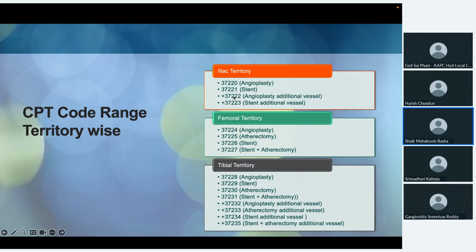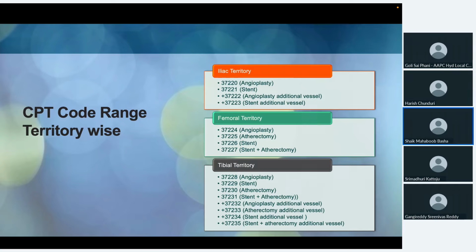If they do it on different laterality sides, then 2 primary codes or 1 primary with 50 modifier is applicable, depending on the payer guideline. In the same way, we have an add-on code for stent if done in an additional vessel on the same laterality side, 37223. While coming to the femoral territory, we have 4 codes: 37224 angioplasty, 37225 atherectomy, 37226 stent, 37227 stent plus atherectomy.